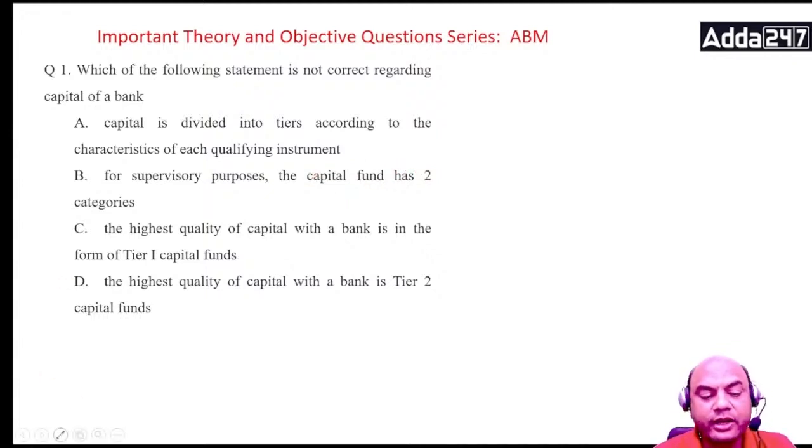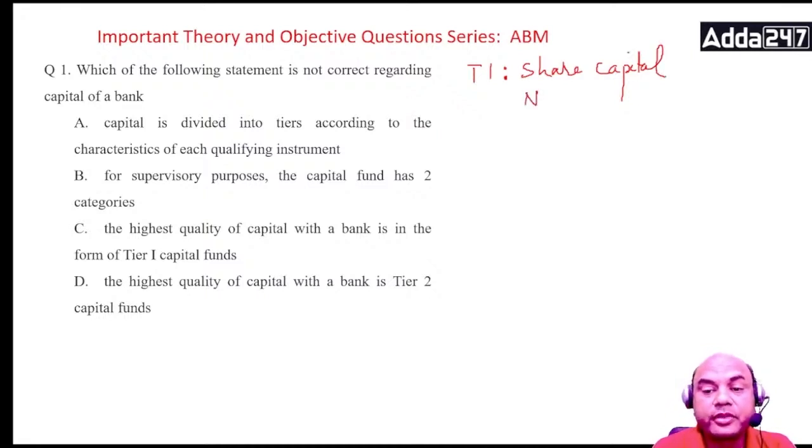Now a few things I'll clarify regarding this capital, which will be useful to you. Tier 1 mainly includes share capital, then net profit, thirdly reserves and surplus, both words are used nowadays, and lastly revaluation reserves.